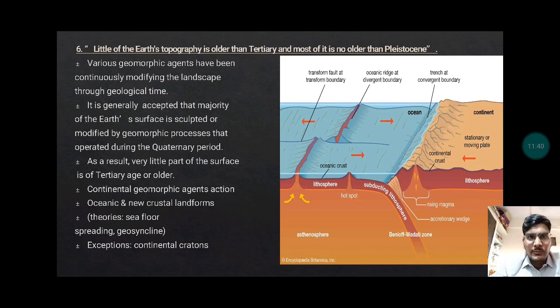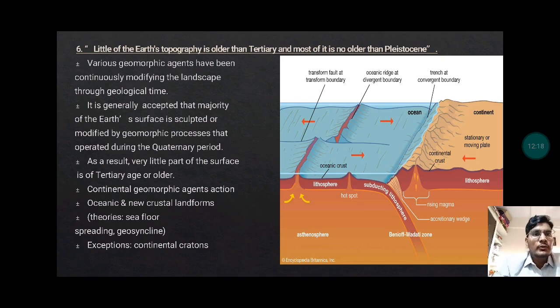Now when we talk about topography, it is not only the continental crustal topography but also the marine crustal topography, right? So let's start with the marine crustal topography. There is one theory given by Harry Hess, which is known as the seafloor spreading theory, and as you can see through the diagram, it was given that the oceanic crust is produced at the mid-oceanic ridges and is deformed, destroyed or subducted in the trenches which are very near the continental margins.